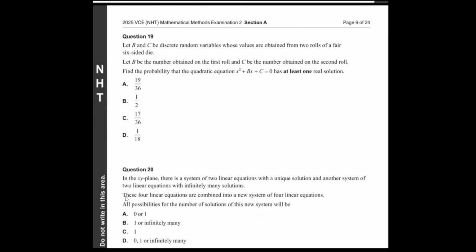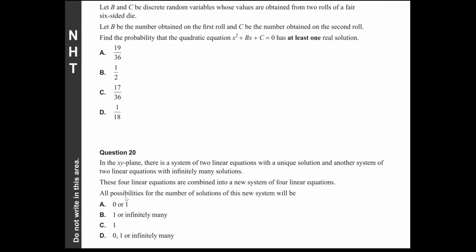Okay. Question 19. B and C are discrete random variables whose values are obtained from 2 rolls of a fair 6-sided die. So I think all of you learned this in year 9 or year 10 in probability. Usually I would go for a table.